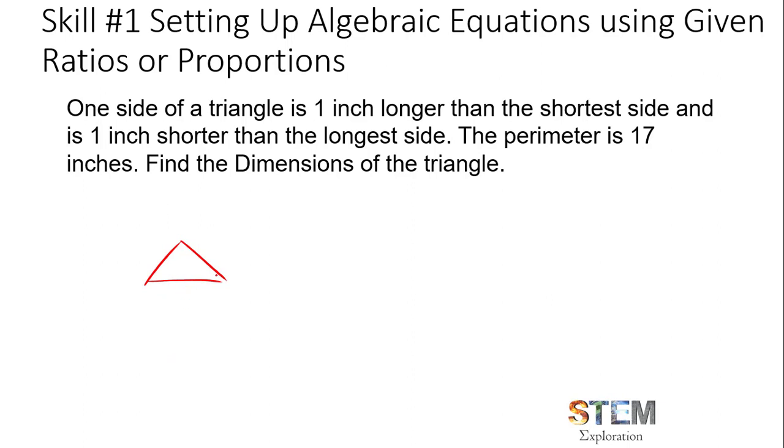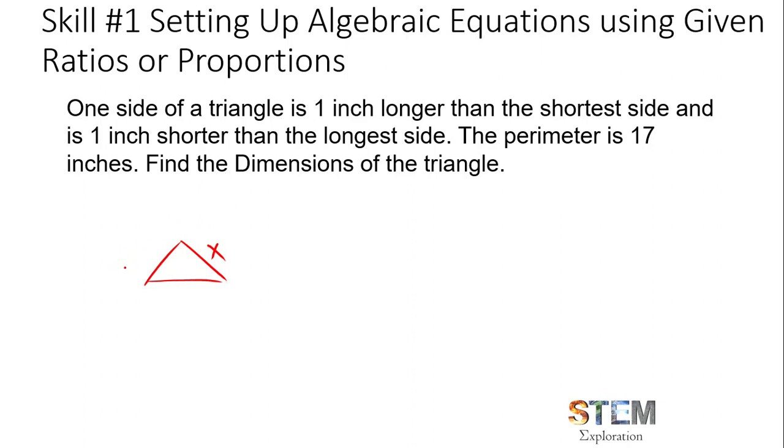But one of the things that they're doing here is that we're going to say, all right, we're given side x here. We have to assign something to base our conversation off of. So they say one side of a triangle is 1 inch longer than the shortest side. Okay. So just from the perspective of my triangle, we're just picking a side.